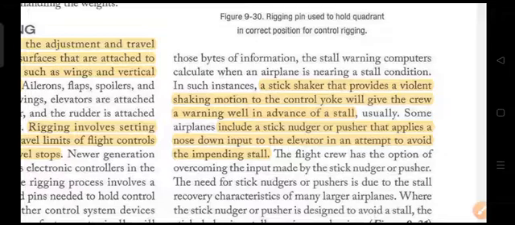Also, there is a stick pusher that applies the nose down input to the elevator in an attempt to avoid the impending stall. If there is already a stall situation that has come up and the flight crew did not understand that or ignored the message or did not read it properly, what happens? Will the aircraft go to the stalling condition and create a huge disaster?